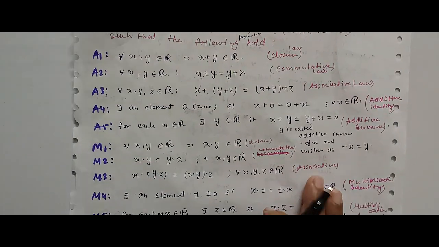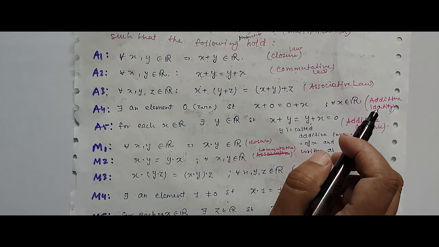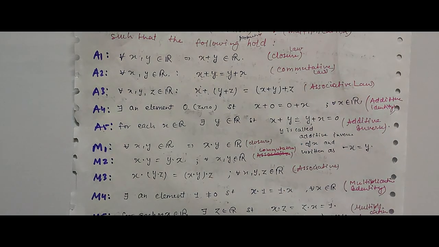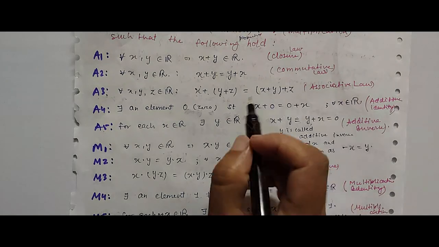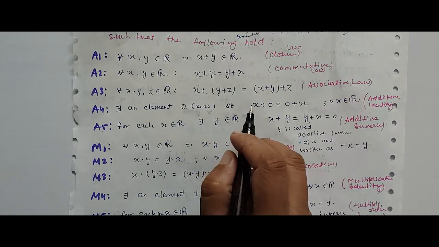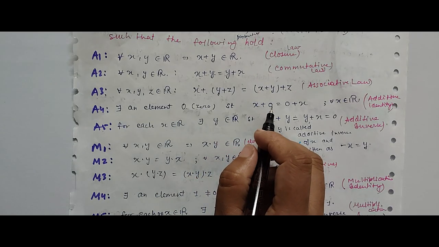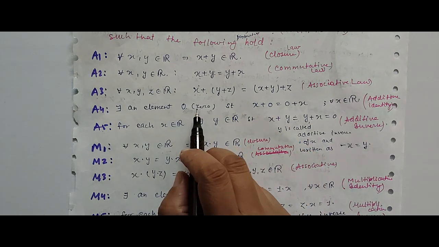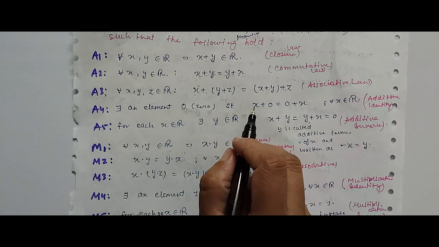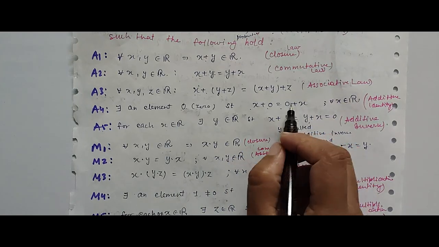This is the associative law. And then the fourth is the existence of additive identity. So what is the additive identity? The property of additive identity is that for all elements x, there is an element denoted by 0 such that x plus 0 equals 0 plus x.